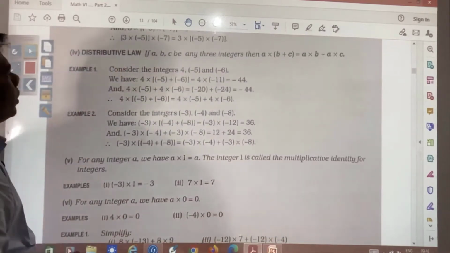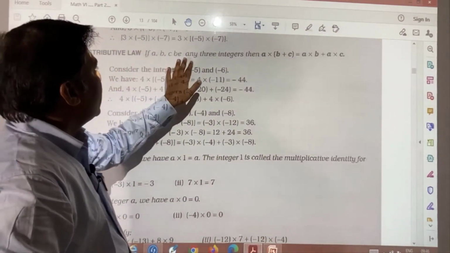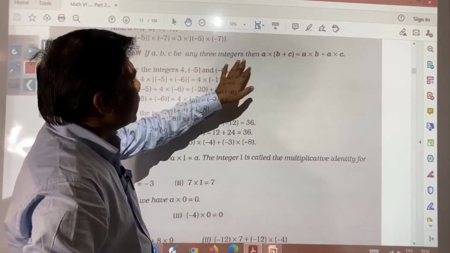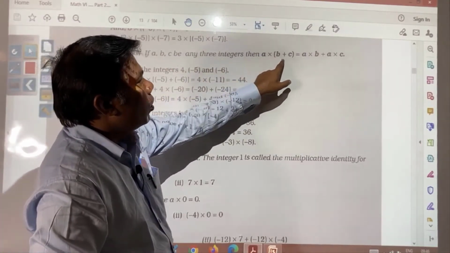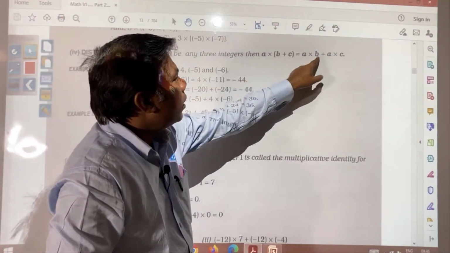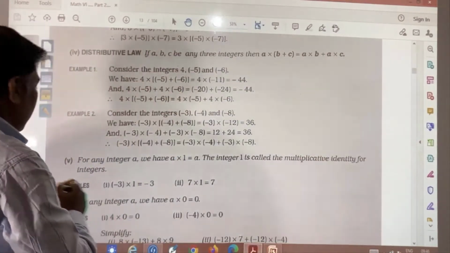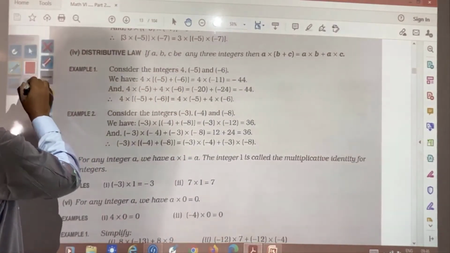Then you have the distributive law, and this is very important. If a, b, c are any three integers, then a into (b plus c) is equal to a into b plus a into c. The same thing applies for the negative sign also.